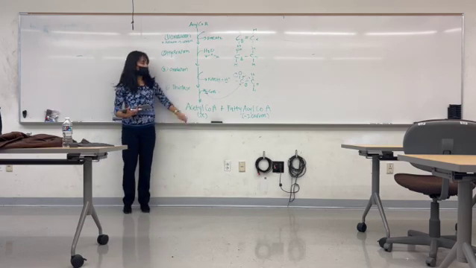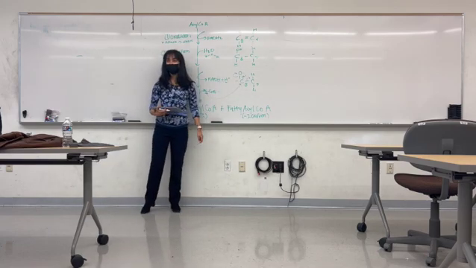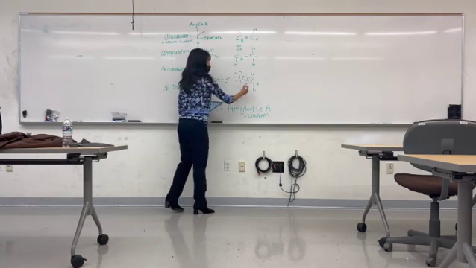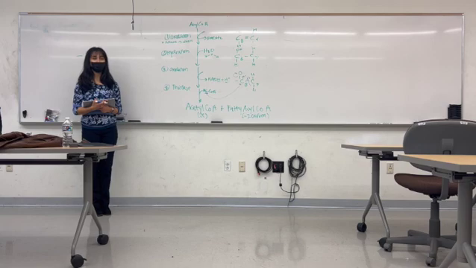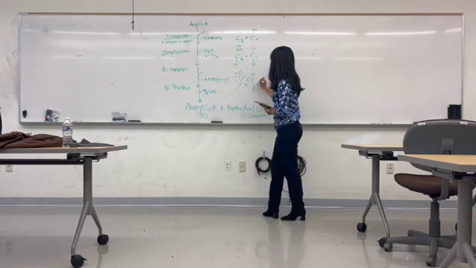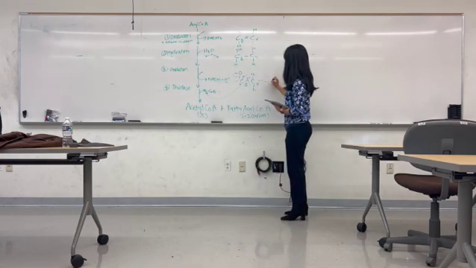When you add the CoA, it attacks the carbonyl. When it attacks the carbonyl, you're breaking the bond right here between C beta and C alpha. And that's why you get this and this.